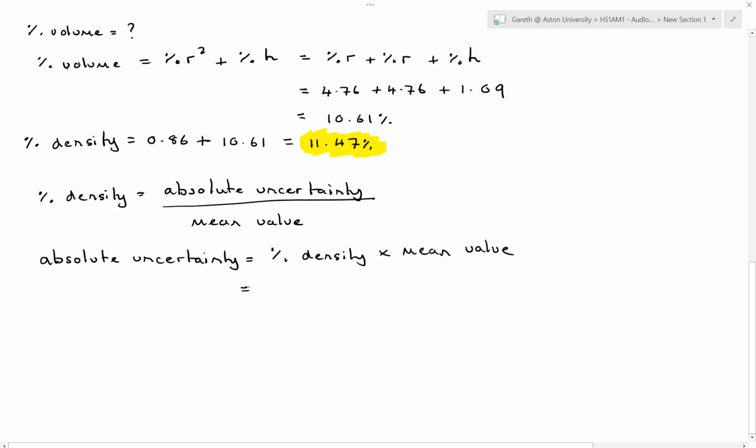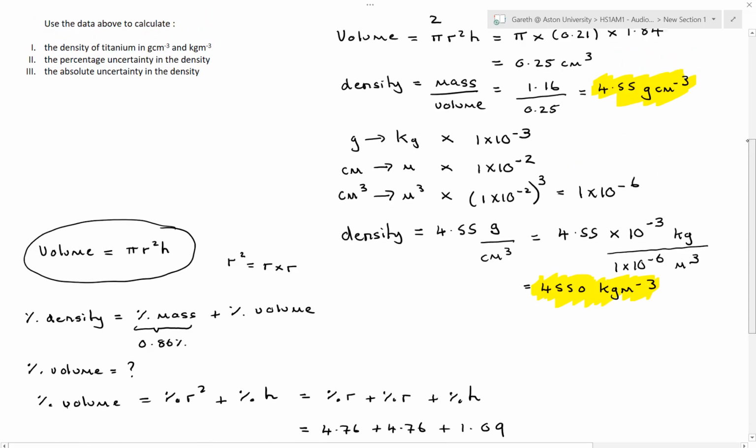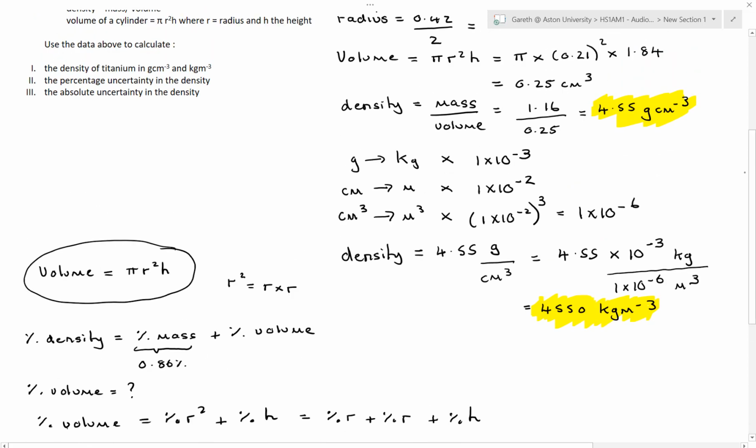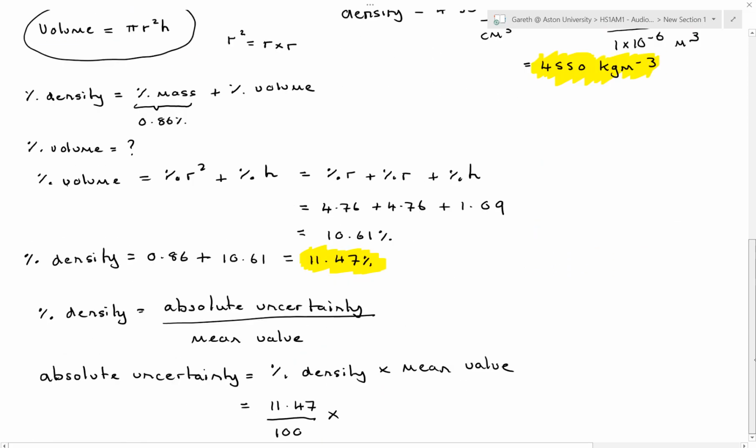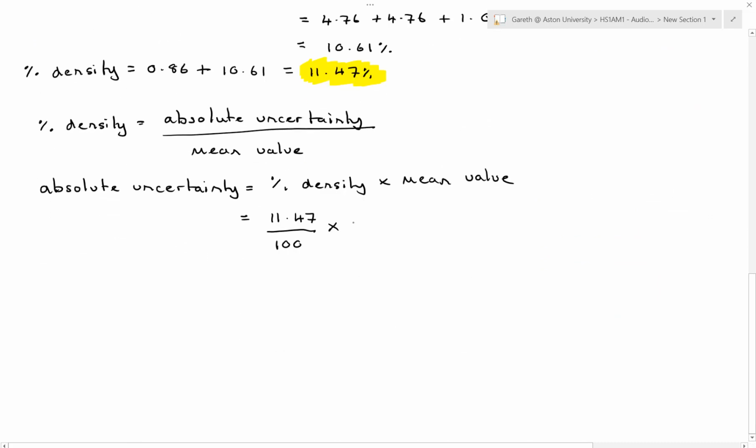So for our example, it's going to be the 11.47%, so we'll have to divide that by 100, and then multiply by the mean value, which in grams per centimetre cubed is 4.55.